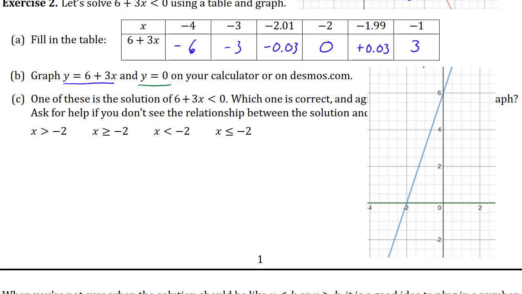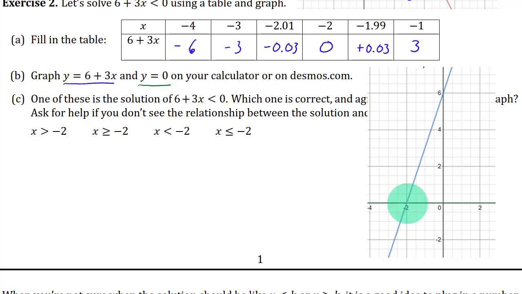And what we want to know is, what are the values of x that make this true? That's what it means to be the solution of this. Is it x greater than -2, greater than or equal to -2, less than -2, or less than or equal to -2? So let's start with the graph this time. You can see that x equals -2 is what makes it equal to 0.